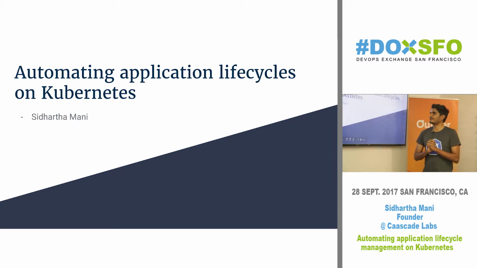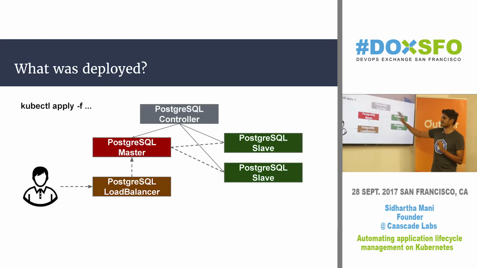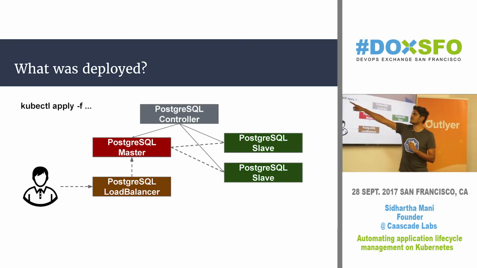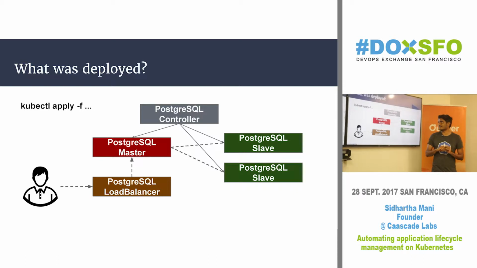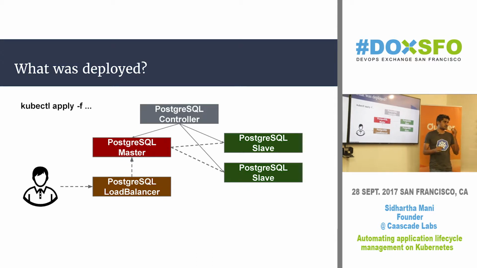There. Okay, so what we just saw was this kind of architecture where I used one command, kubectl apply -f, and I provided a manifest file. I can show you the manifest file. It's a really simple file with just 2 resources. It doesn't look complicated. It's easy to read. And that one command launched a full-fledged PostgreSQL cluster.